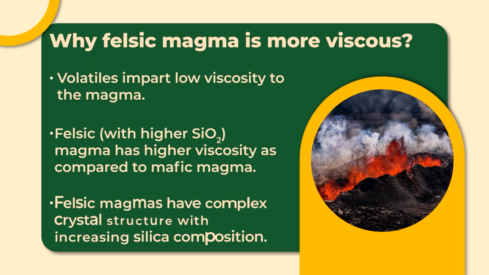Felsic magmas have a very complex crystal system with increasing silica composition, and this tends to offer them higher viscosity, and temperature also controls viscosity of the magma. Presence of more volatiles in felsic magma results in explosive volcanism as compared to mafic magma.